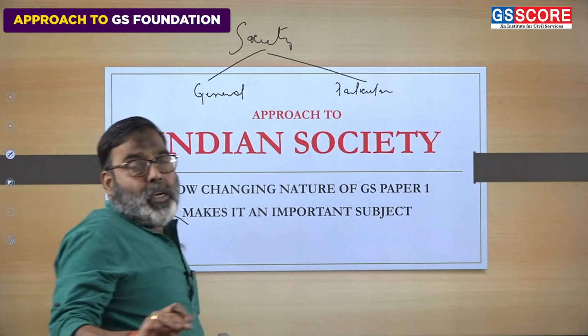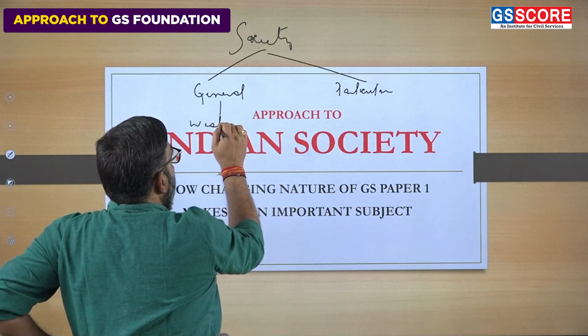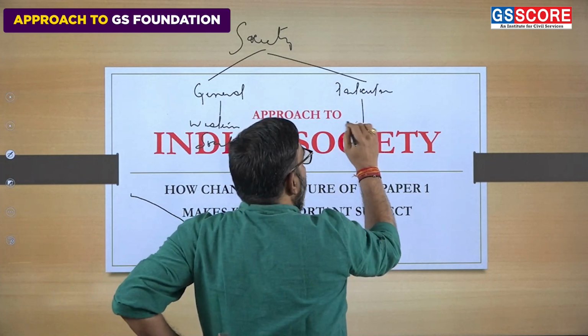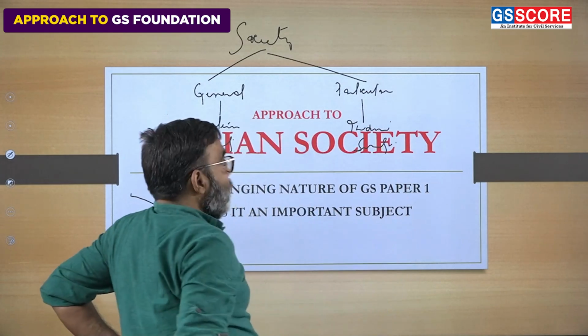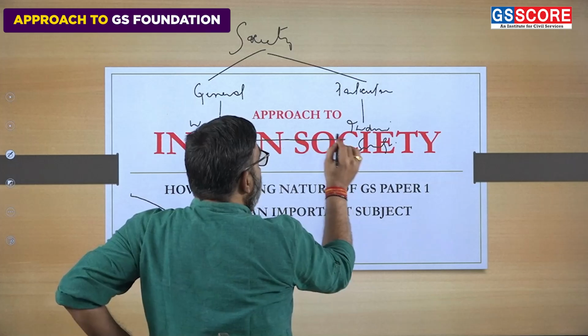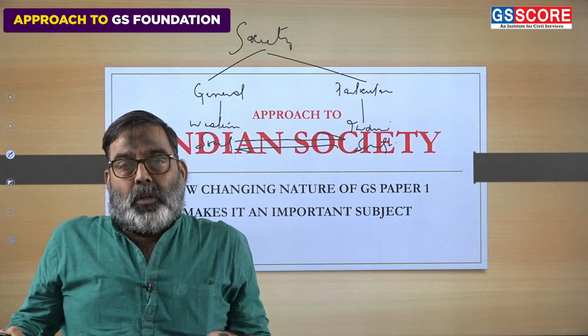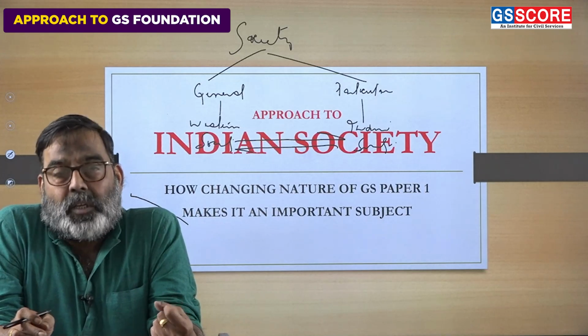When I say journalistic, you are more concerned with Western society. And here you are concerned with Indian society. And then you try to understand the differences and the similarities. So sometimes when comparative questions come out, you'll be able to answer that.